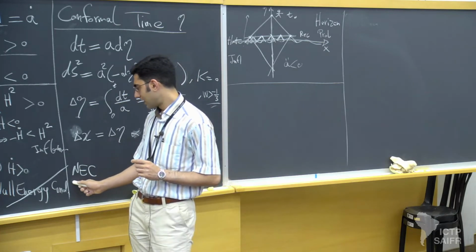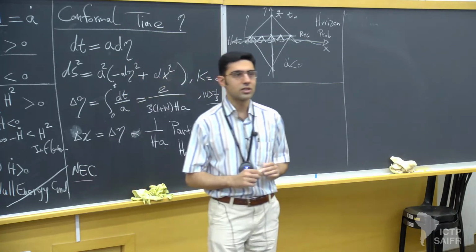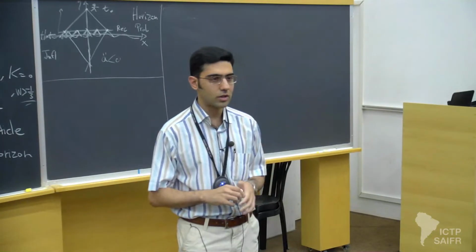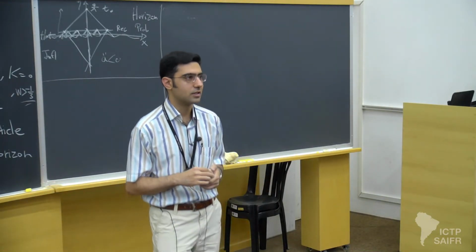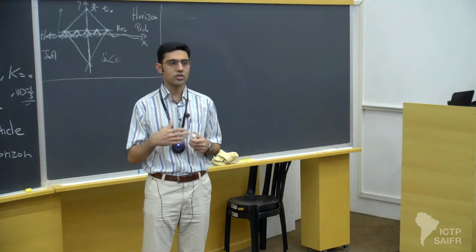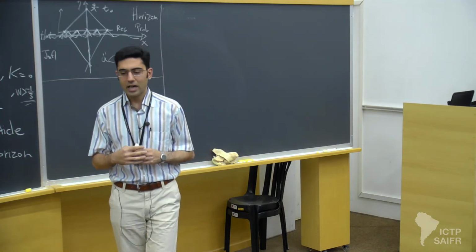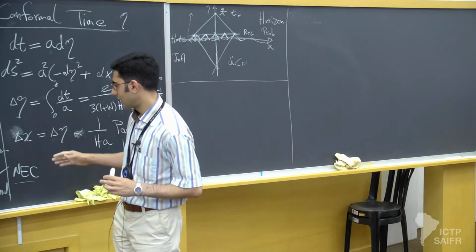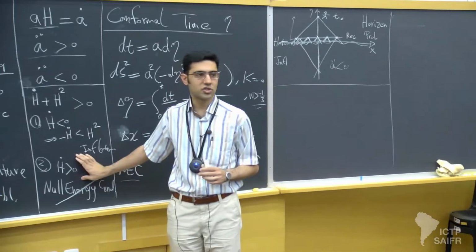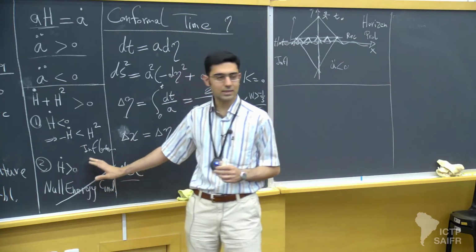There is violation of the null energy condition in some quantum theories. For instance, the Casimir effect can violate it. But those are called safe violations, in the sense that they cannot be used to get this kind of bouncing cosmology.